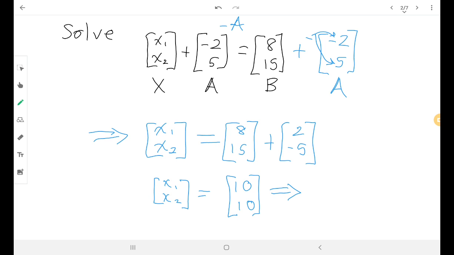So what that implies is that x1 equals 10 and x2 equals 10. And so there we have our answer. I'll pause for a moment if there are questions. Give you a chance to ask questions. Give you a chance to look at it.